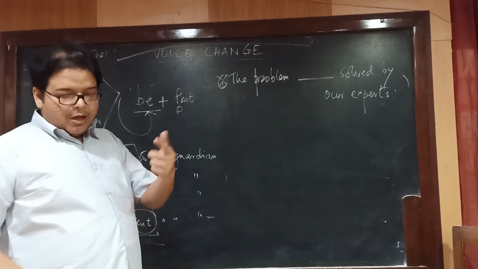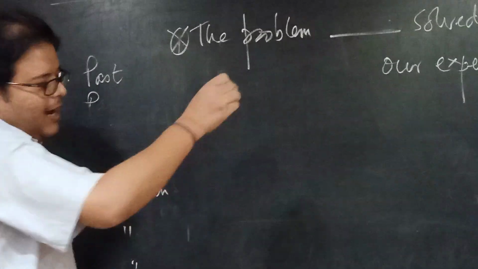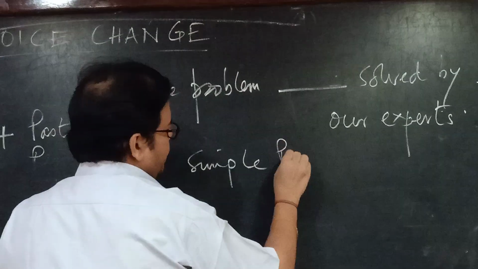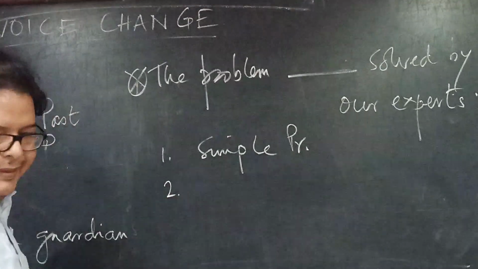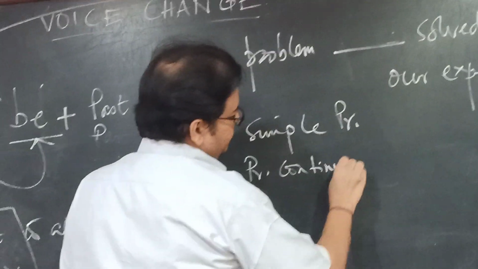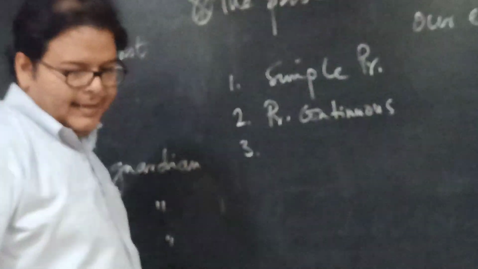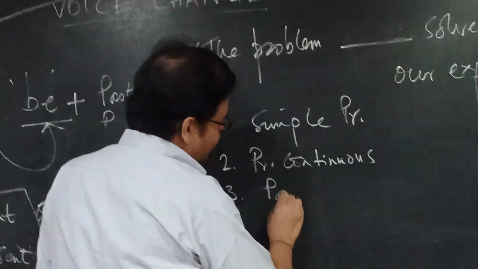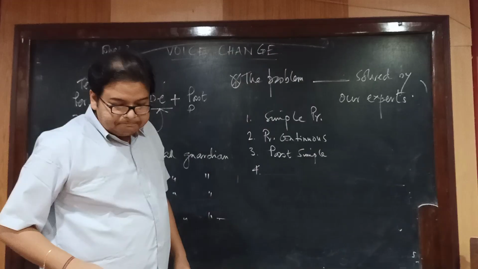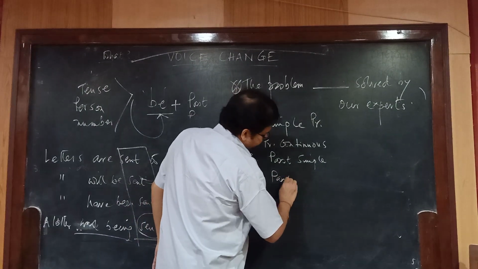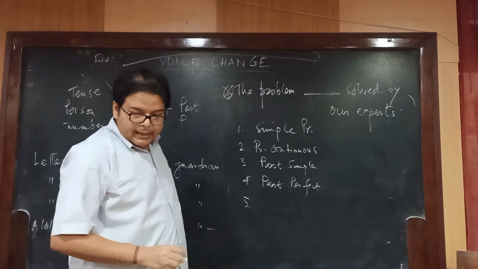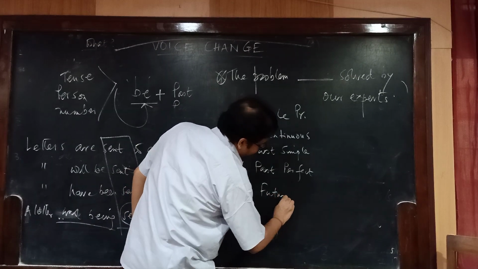So you can do a quick exercise. You can write this sentence in simple present, then in present continuous, then in simple past, then past perfect, then in simple future.